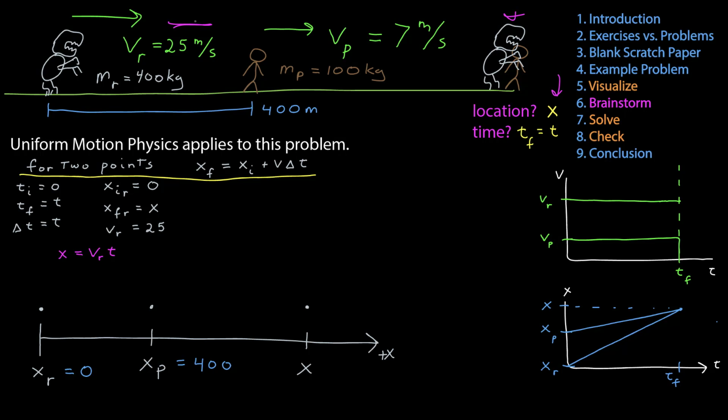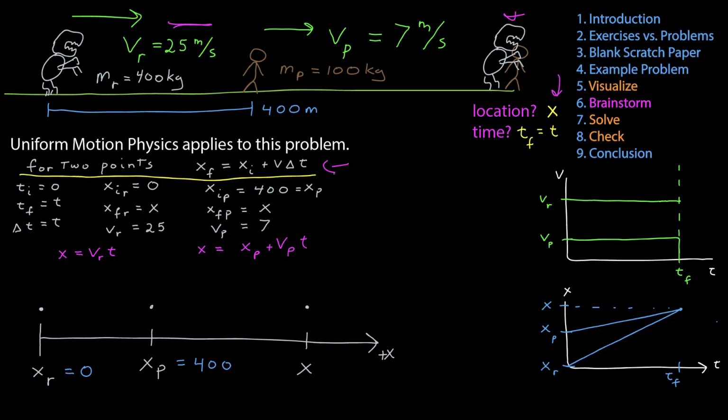If I apply this physics to the raptor, then I get a relationship between these parameters, which is x is equal to the velocity of the raptor times time. That's great. I know the velocity of the raptor, but I don't know x or t yet, so I can't solve. So let's apply uniform motion physics to the professor. I have initial position, which is x sub p, or 400.